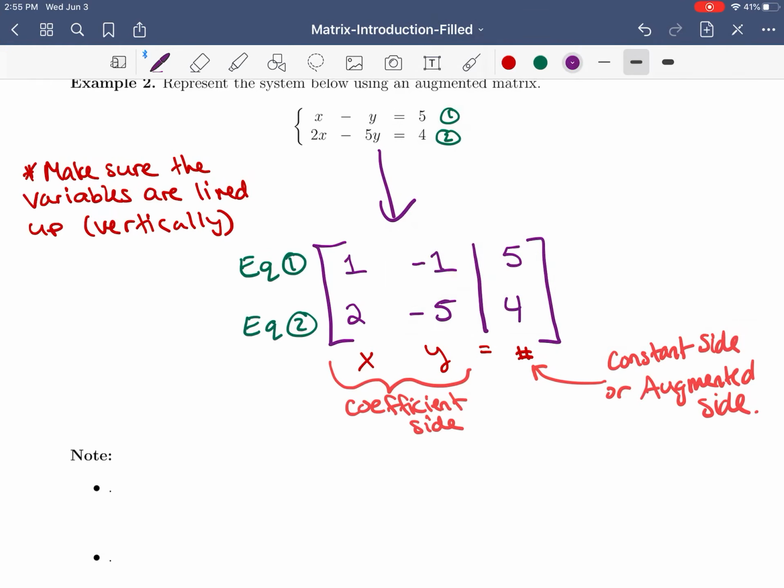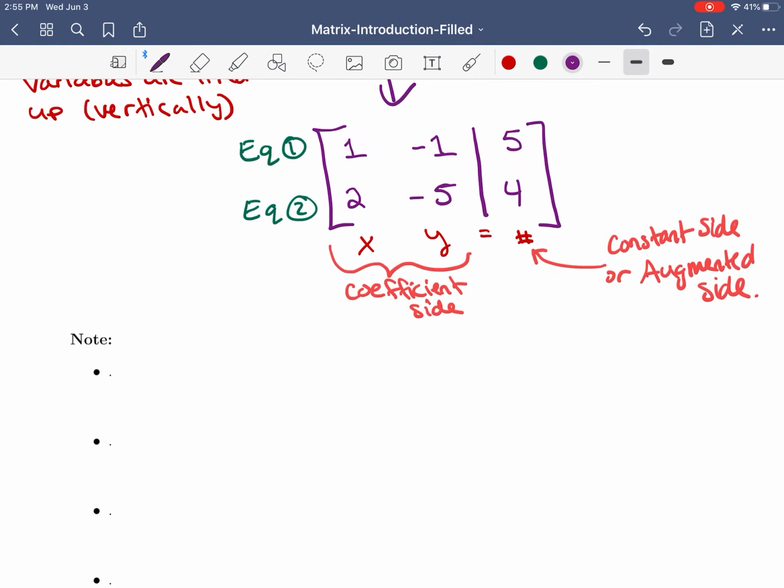Some notes that I mentioned as I was going through that. We're going to have one row for each equation in our system.